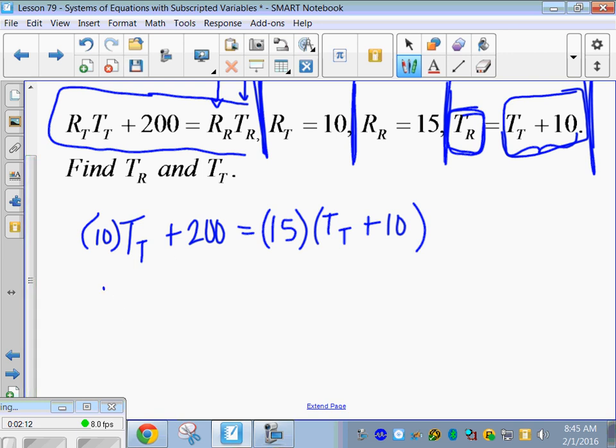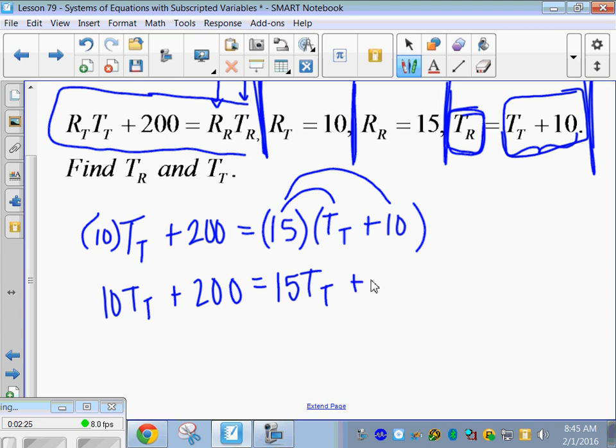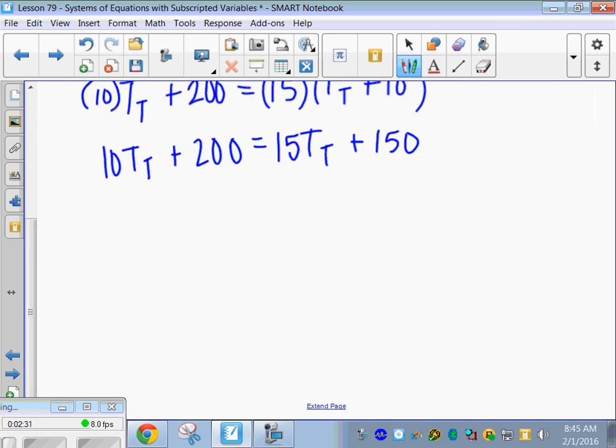So I'm going to distribute the 15 on the right-hand side. So Riley, what do I get when I distribute this? You get 15 TT plus. Good. Okay, now I want to get all my TTs on one side. I'm probably going to subtract the 10 so that I can keep it a positive number. Doesn't really matter though.